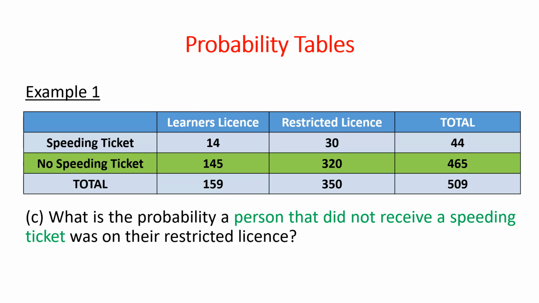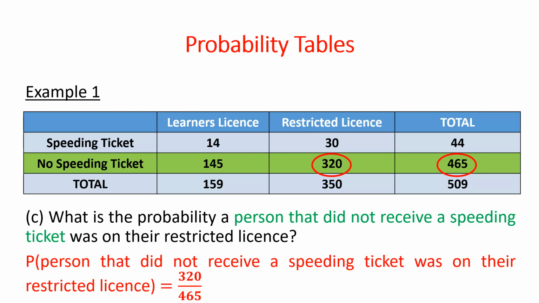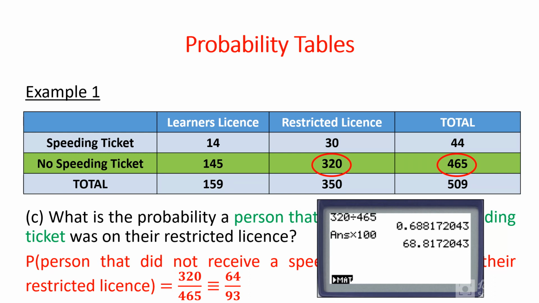And we want to know what's the probability they were on their restricted license. And you can see 320 of them were on their restricted out of the 465. So the probability a person that did not receive a speeding ticket was on their restricted license is 320 out of 465. Again, you could simplify the fraction or convert it to a decimal or percentage if needed.